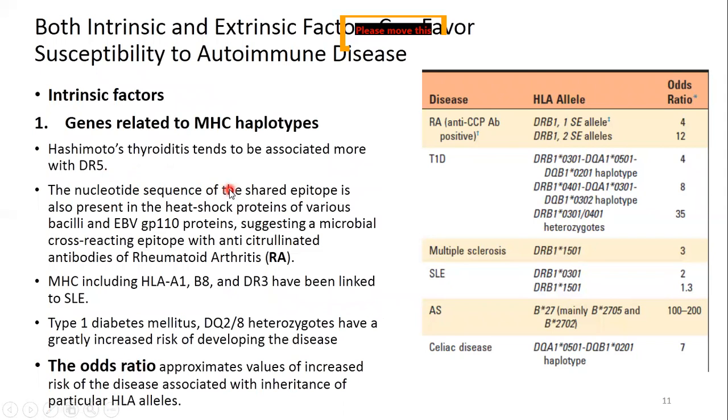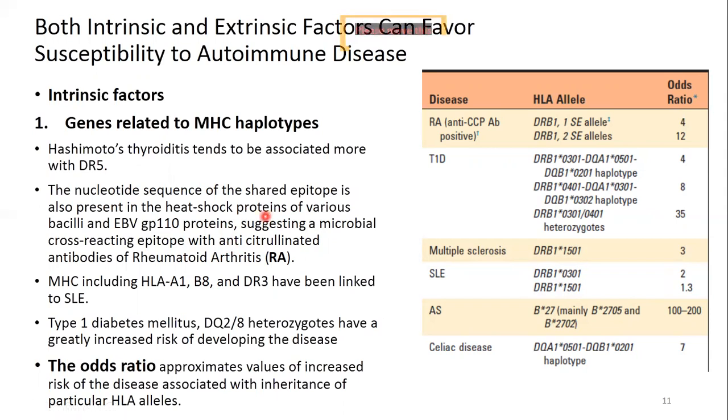The shared epitope is also present in the heat shock proteins of various bacilli and in the Epstein-Barr virus GP110 protein, and this is a microbial cross-reacting epitope with anti-citrullinate antibodies of rheumatoid arthritis.